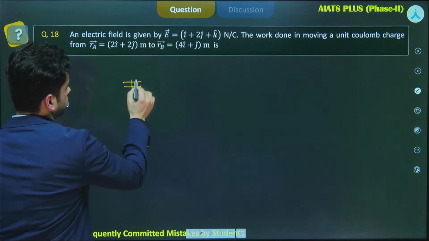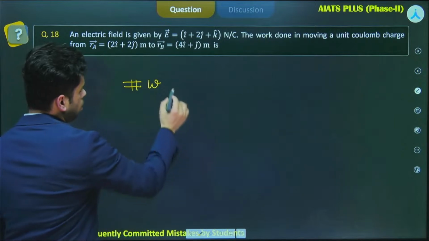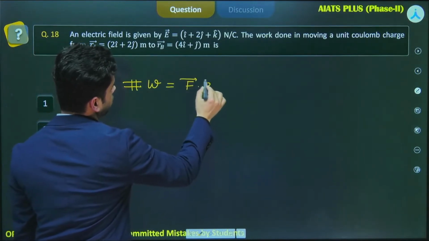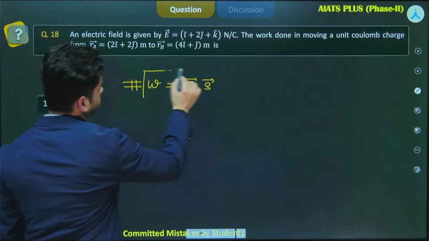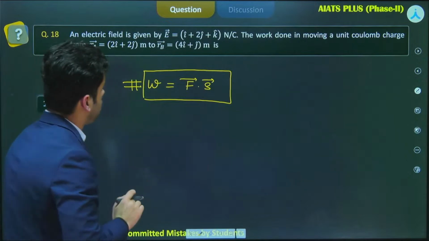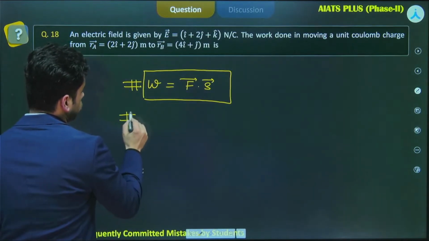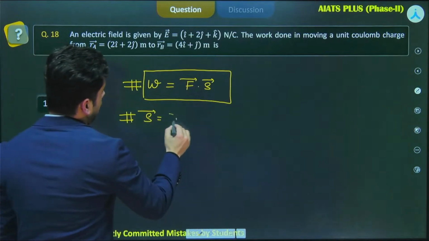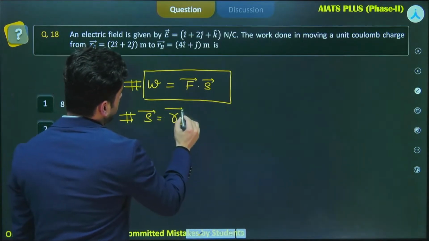So work done. Work done can be defined as the dot product of force and displacement, F dot S. Right? I hope you are clear with this. So it is very easy to calculate the displacement vector. It will be equal to RB vector minus RA vector.